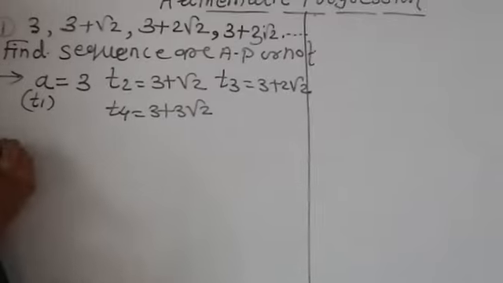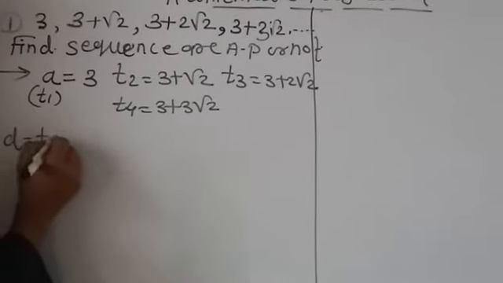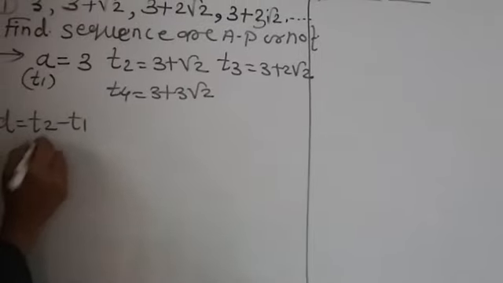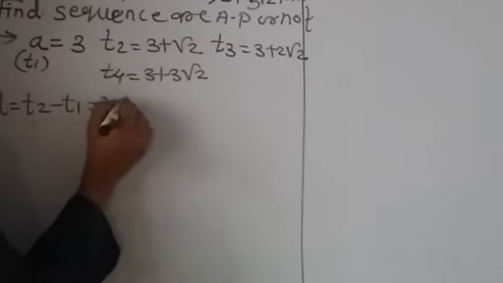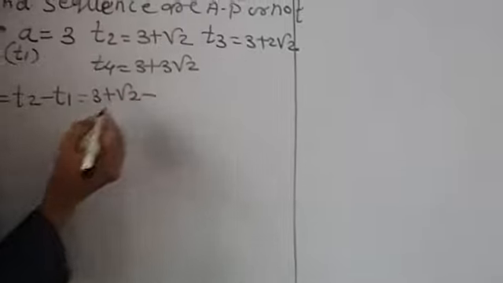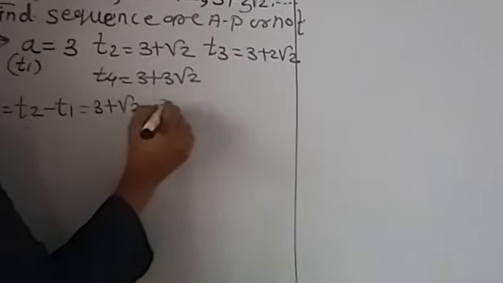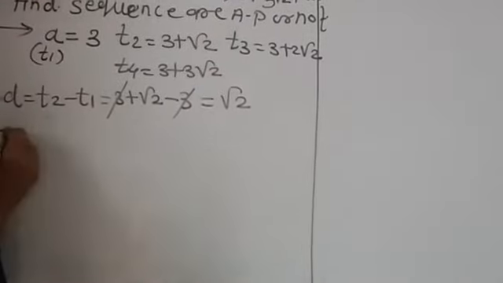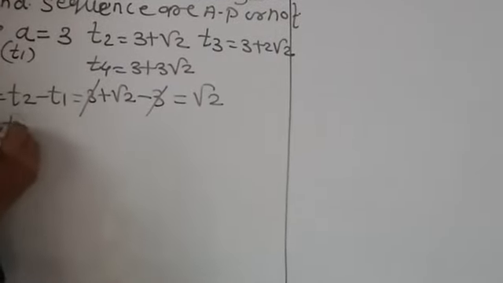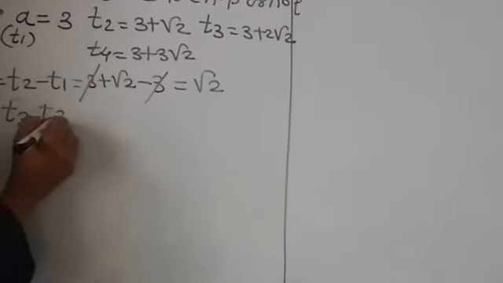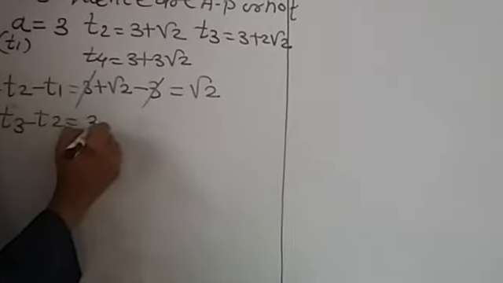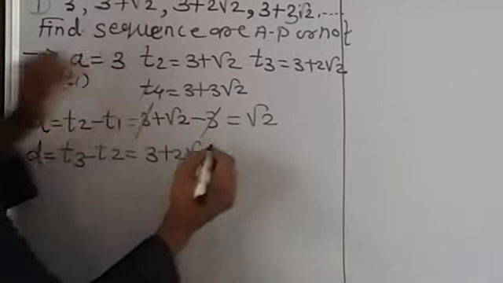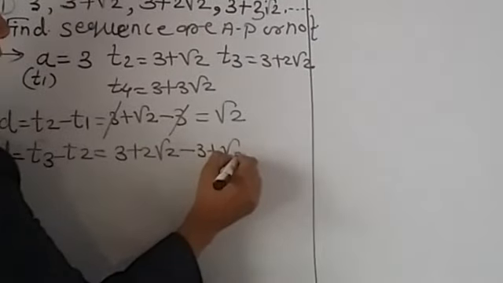Then find out the difference. d is equal to T2 minus T1. This is our formula. So T2 is 3 plus root 2 minus T1, which is 3. So plus 3 minus 3 cancel. Our answer is root 2. Then next, d is equal to T3 minus T2. T3 is 3 plus 2 root 2 minus T2, which is 3 plus root 2.